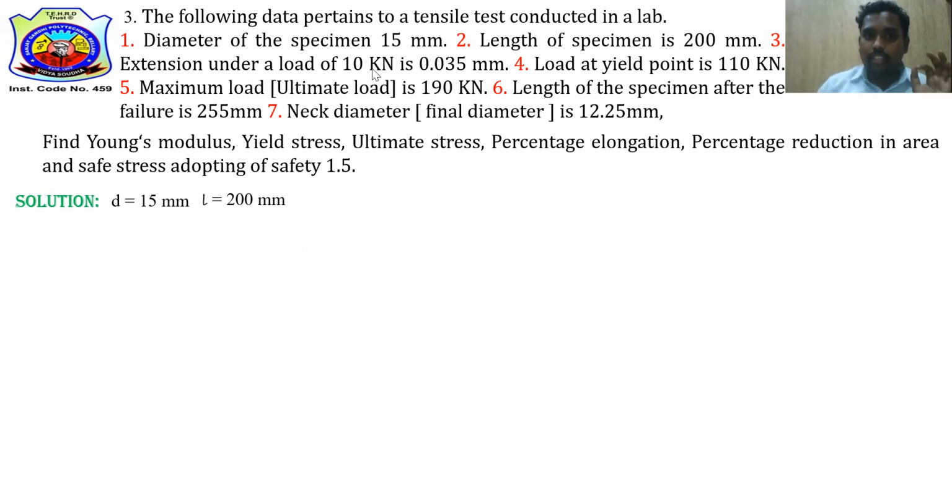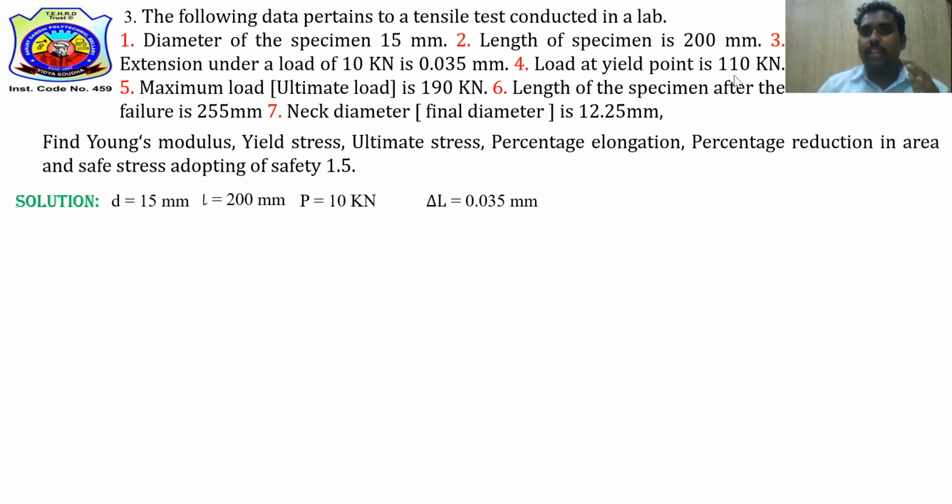If you get confused about which is the load and which is the extension, you are supposed to check the units. As we know, load will have units of Newton, and 10 kilonewton is in Newton, so definitely that is the value of the load. Okay, done. So P is equal to 10 kilonewton and delta L is 0.035 mm.